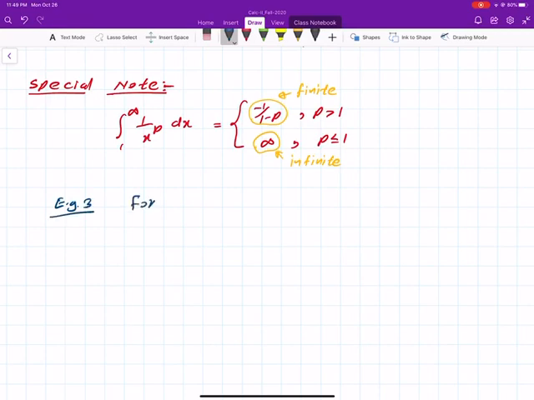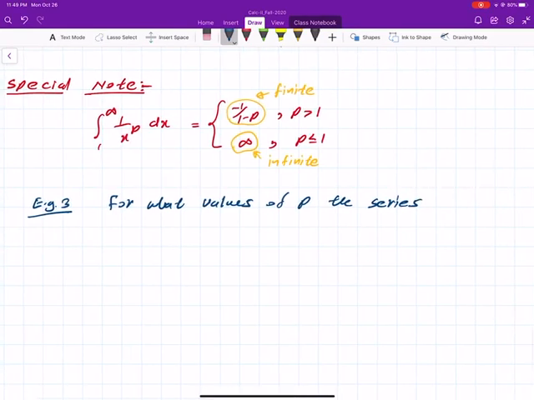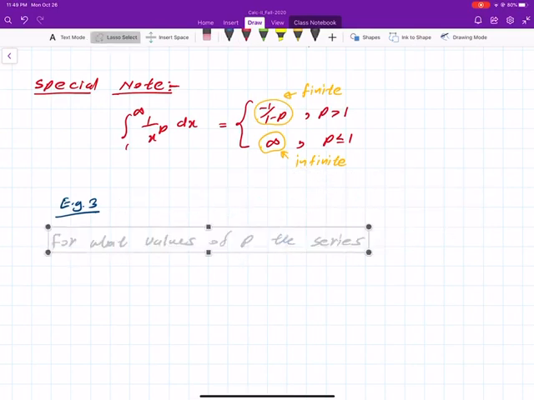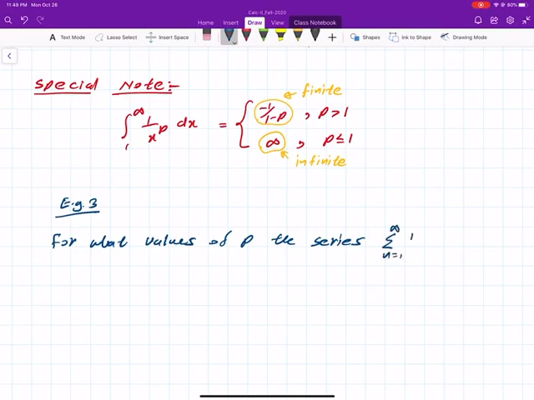For what values of p does the series, which is right here, the series sigma n goes from 1 to infinity, 1 over n to the power p, converge?